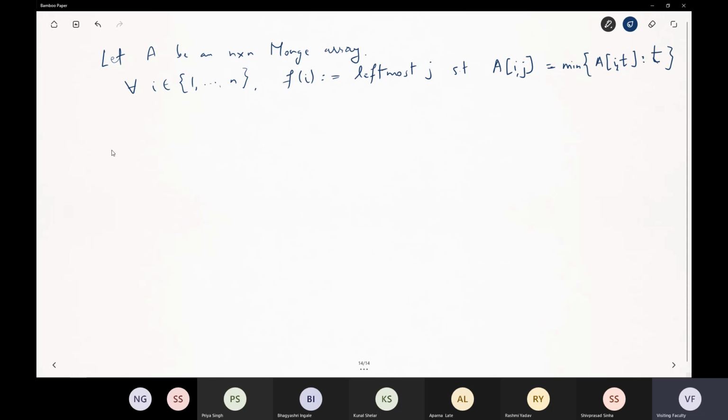So by definition, a of i comma f of i is equal to the minimum among the values a of i comma t, where t varies from 1 to n.